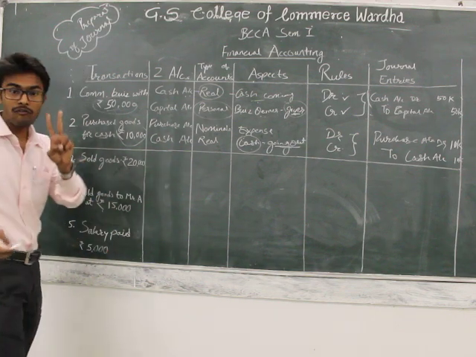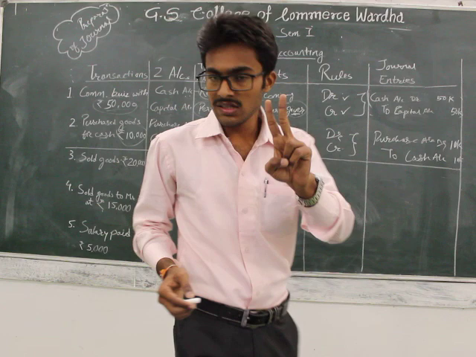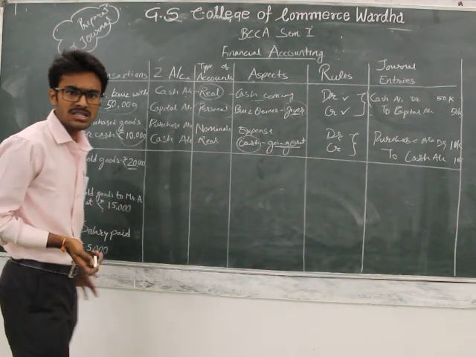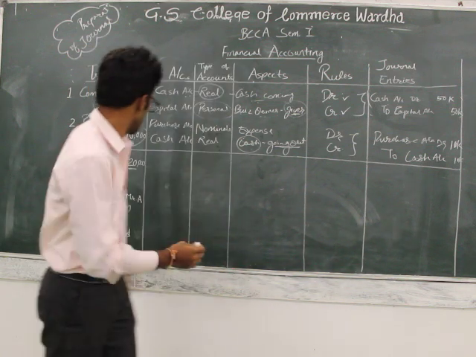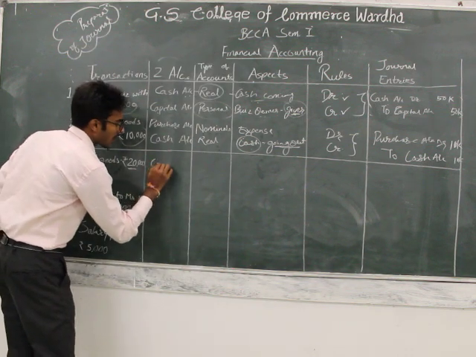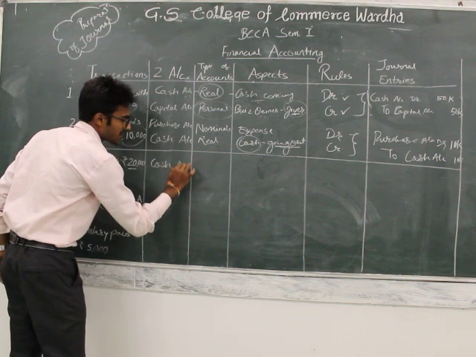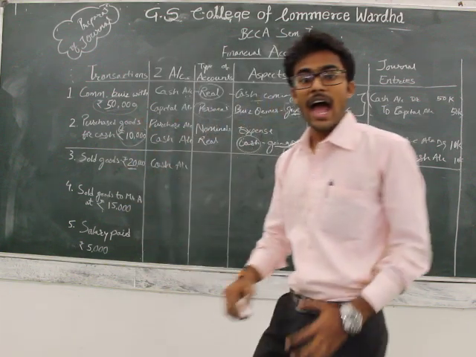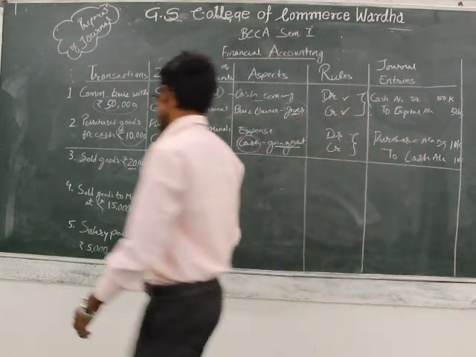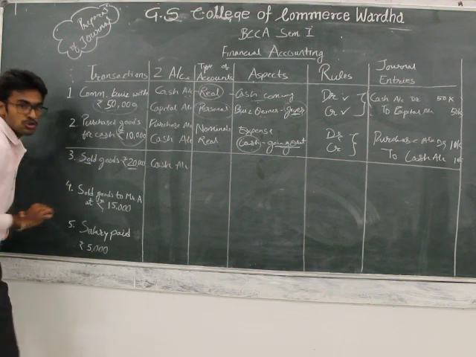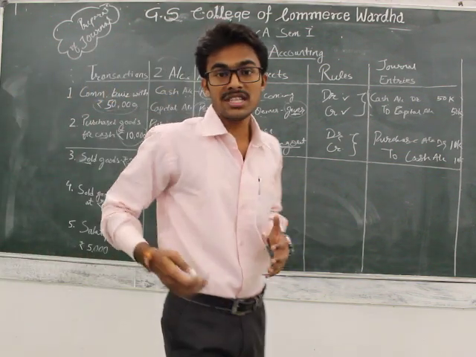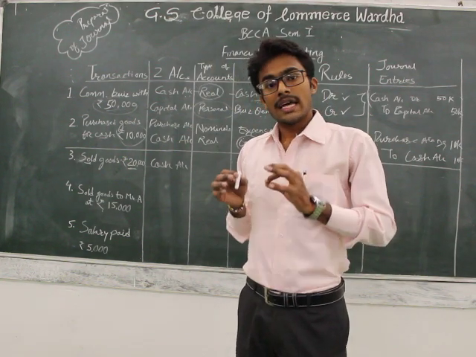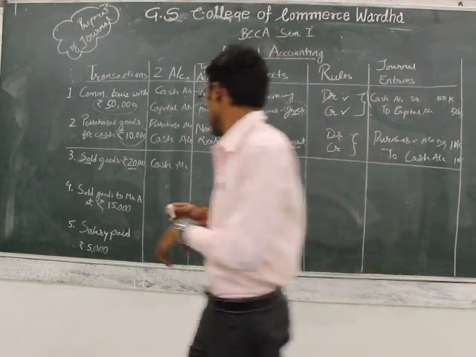Here again we have two things. 20,000 is nothing but money, and money means cash. We got cash, so the first account for this transaction is cash account. The other account: sold means selling of goods, which means income, hence the sales account will come into the picture.